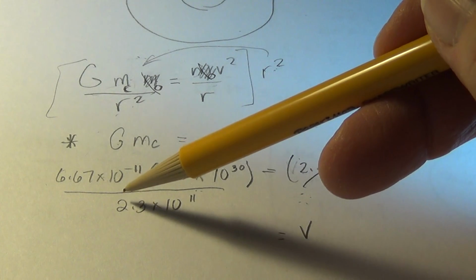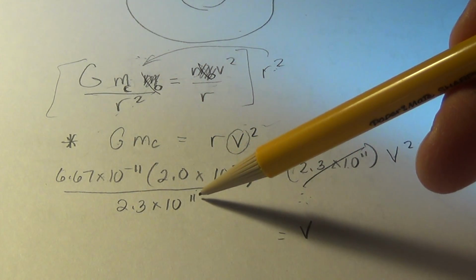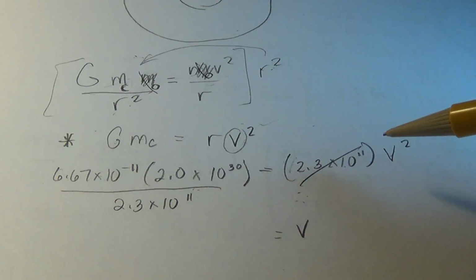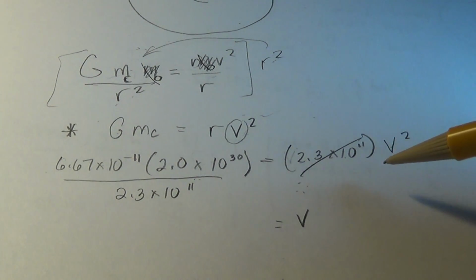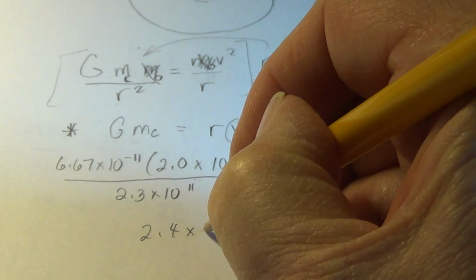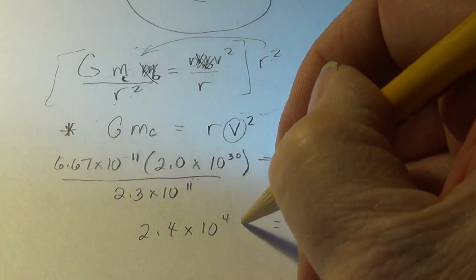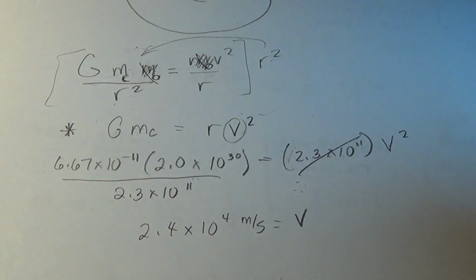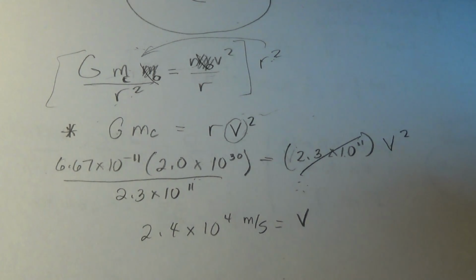Then hit divide and 2.3 EE 11. Then whatever's on your screen, you take the square root of that. When you do that, you get 2.4 times 10 to the 4th. Since it's a velocity, it is in meters per second. So our masses will be in kilograms and our velocities in meters per second.